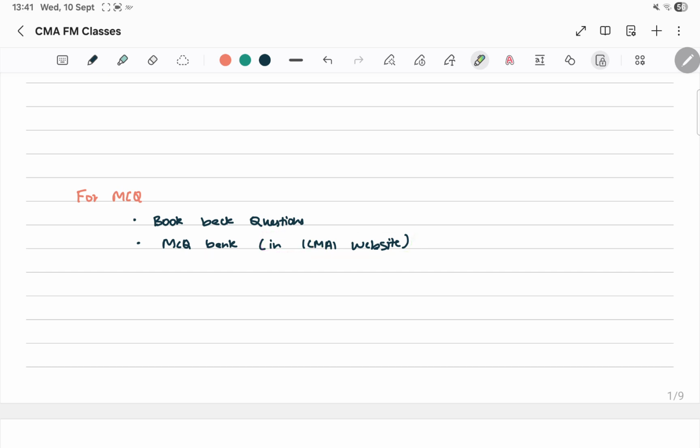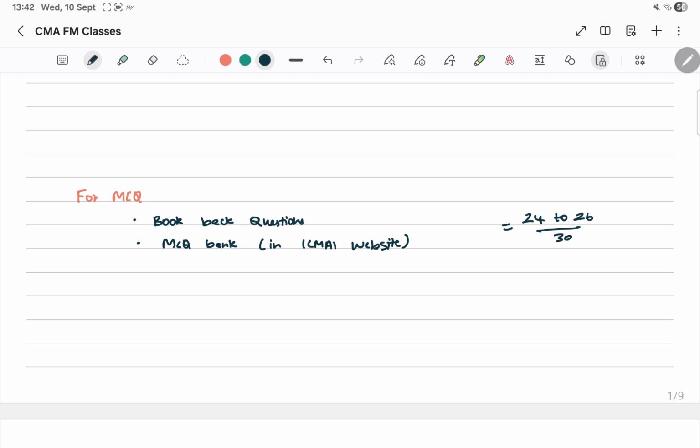Just go to Google, search ICMA question bank, go to intermediate and select whatever subject you want. It consists of around 300 questions. Go through it, and practice any sums or practical problems. You might get it in the exam, so that you can get around 24 to 26 marks out of 30 in your MCQs. This is your MCQ strategy.